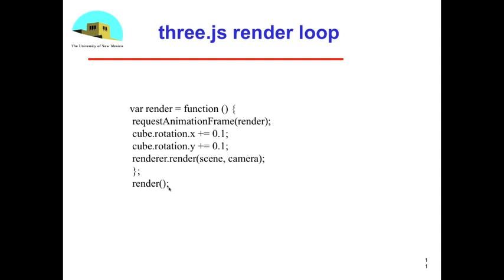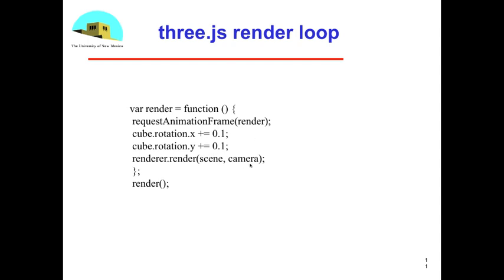The render function calls itself, so you start the render, but essentially you're requesting an animation frame of render. You use the renderer that you set up before, the renderer for WebGL. You pass it the scene, you pass it the camera, and now there's your standard render loop with that camera.